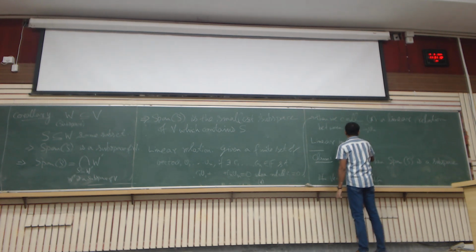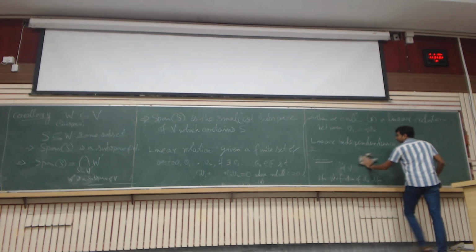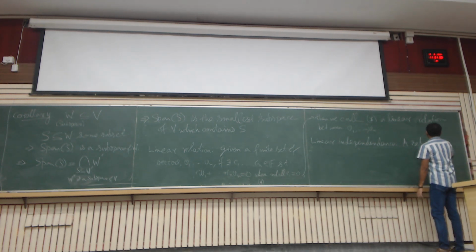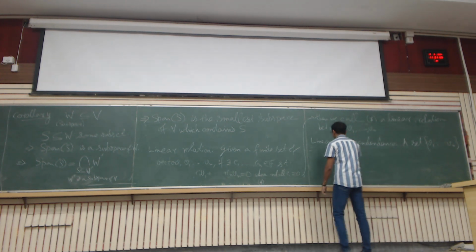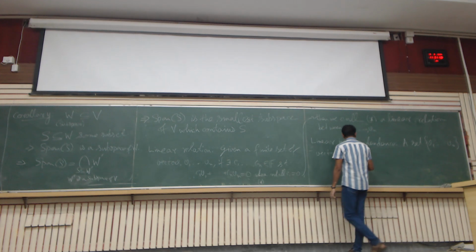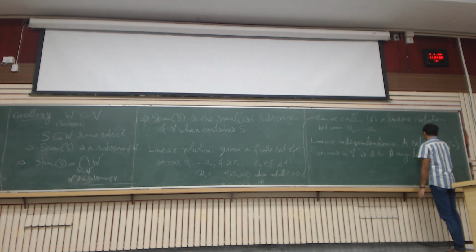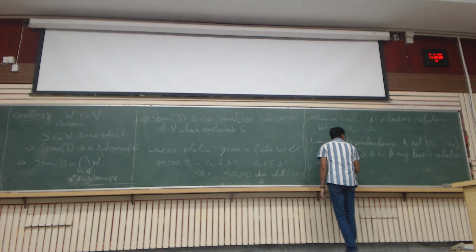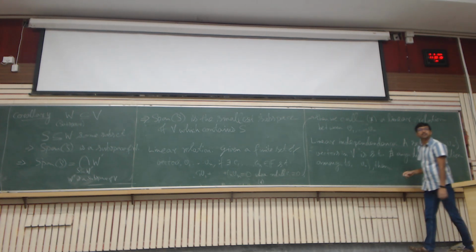A linearly independent set: a set V1 to Vn of vectors in V, such that there doesn't exist any linear relation among V1, V2 to Vn, then we call this set a linearly independent set.